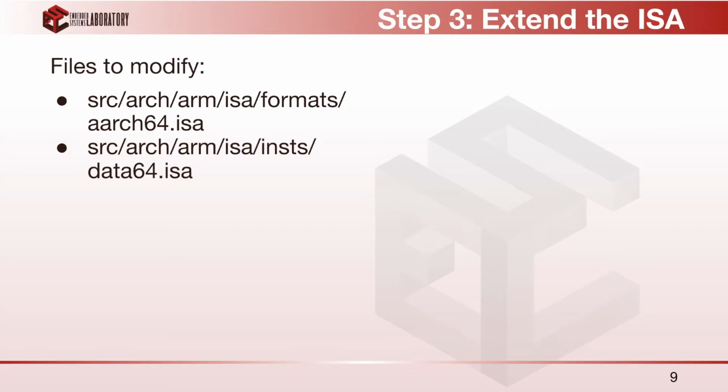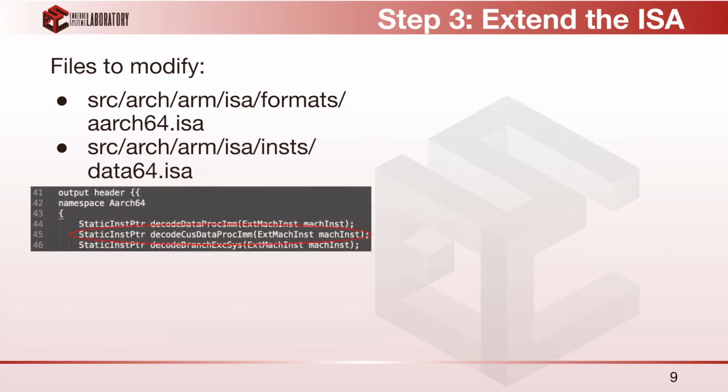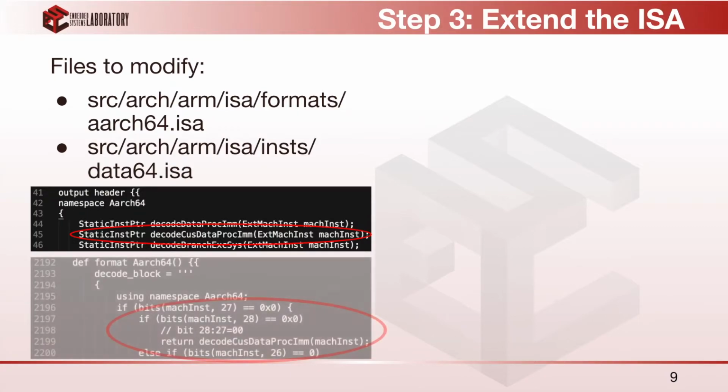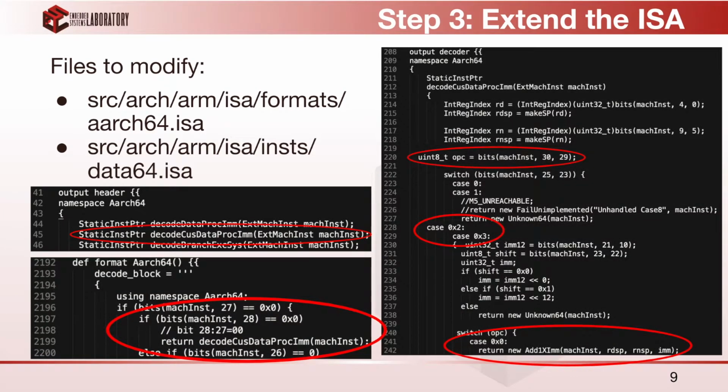So in AArch64.isa, we are defining how our instruction is actually decoded, as well as the existence of a pointer to the instruction class. In our case, our custom instruction has bits 27 to 30 set to 0, and then bits 23 to 25 set to 2.